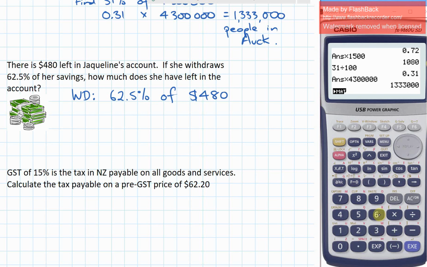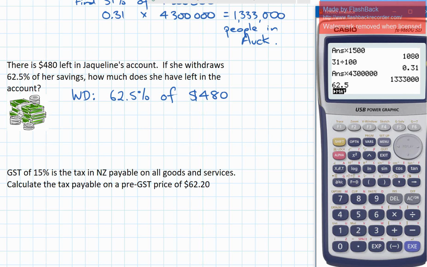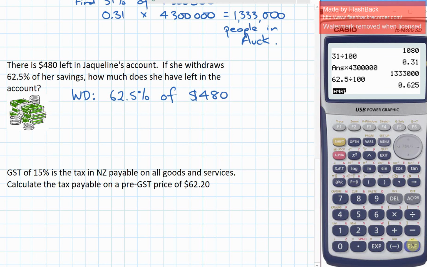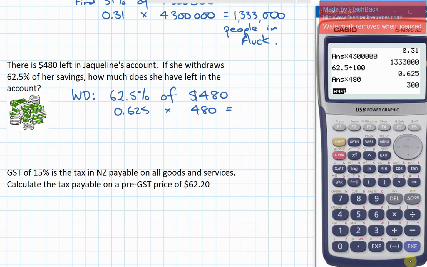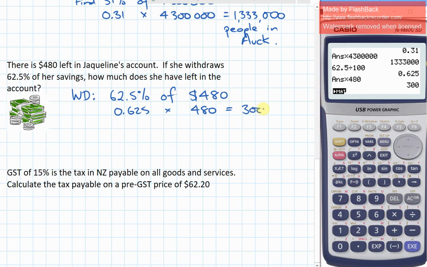So 62.5 on my calculator, dividing that by 100, get 0.625 times 480, that is equal to $300. So that is how much she withdraws.